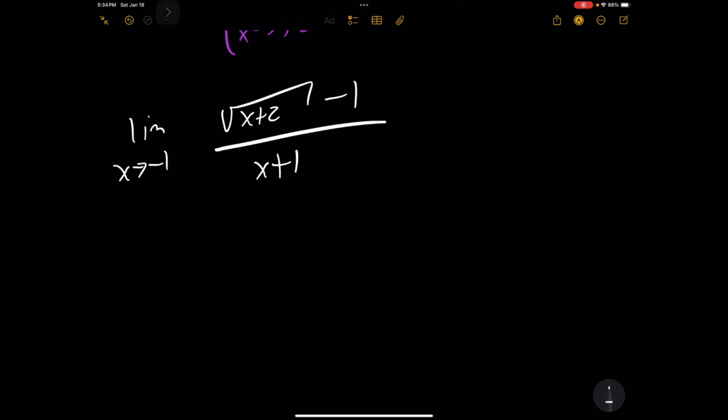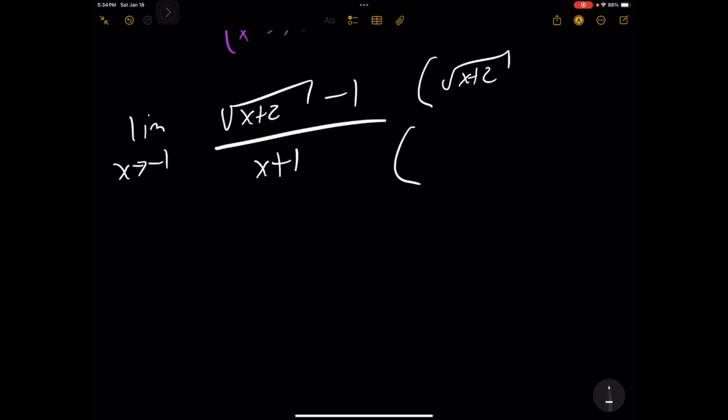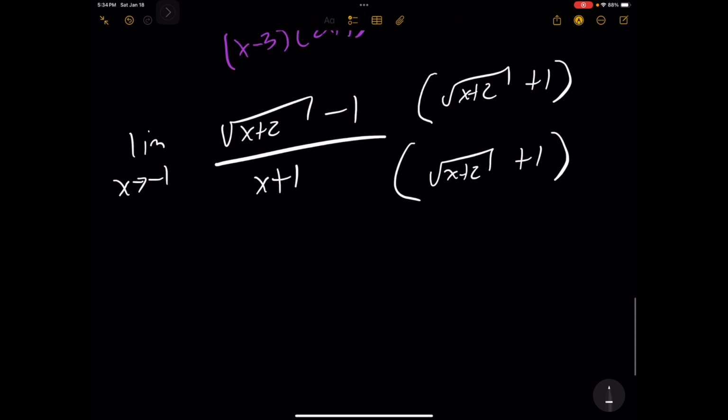The conjugate of a root function, if I have the root of something minus 1, is just going to be the root of that thing plus 1. We just switch the sign. And watch what happens when I multiply both top and bottom of this fraction by that. We get root x plus 2 plus 1 over root x plus 2 plus 1. Notice we are multiplying a fraction, both top and bottom, by the same thing. That is completely allowed.